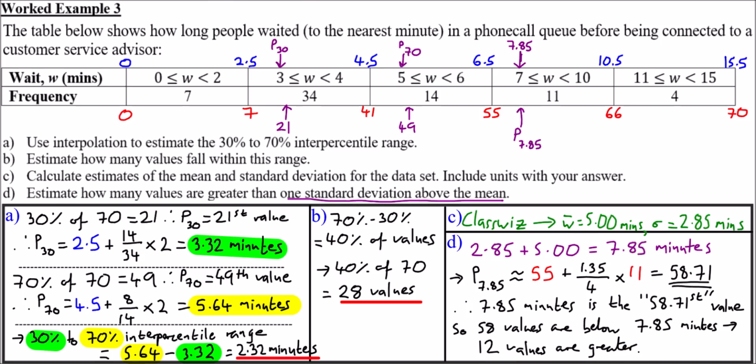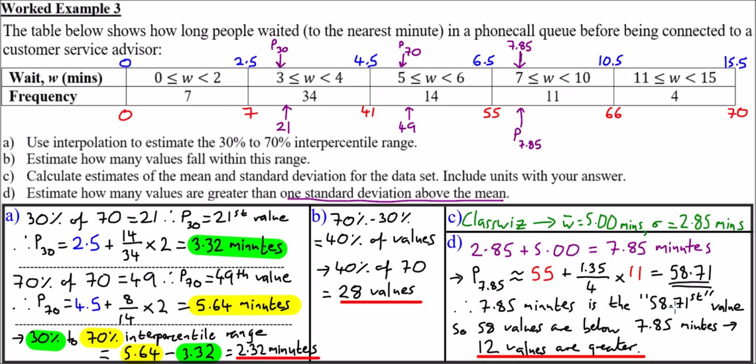So you may have noticed that at the end of part B, I was saying again and again that if it wasn't a whole number value, just as in part D, 58.71 isn't a whole number value. You might have been thinking, why is he so obsessed? I was going on and on about the dangers of just simply rounding up or rounding down. So let's imagine here we rounded up.